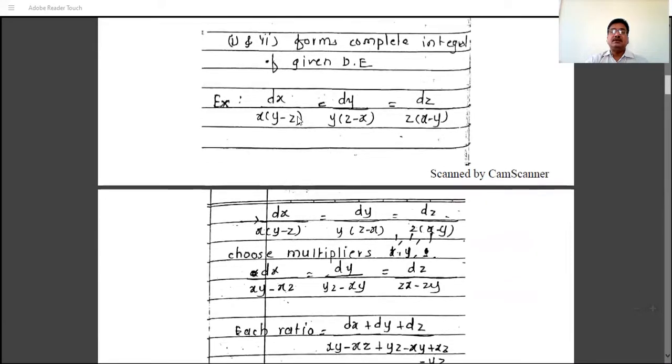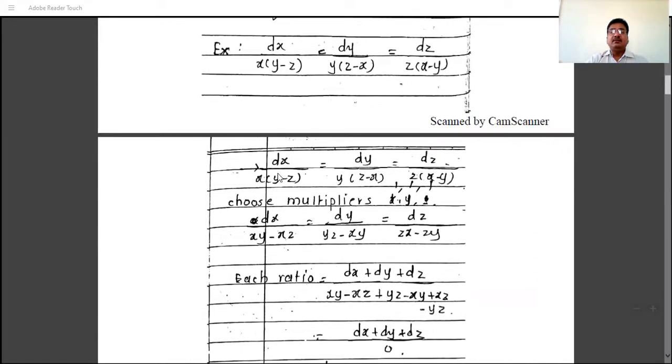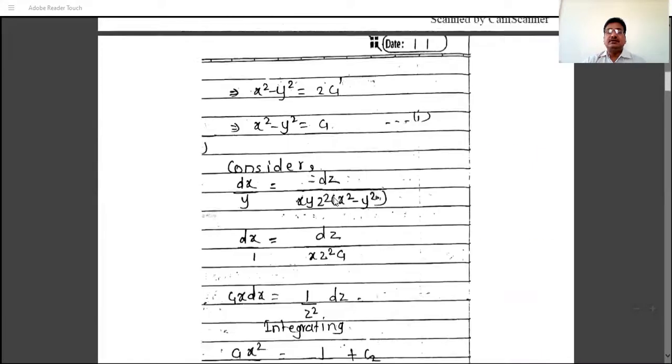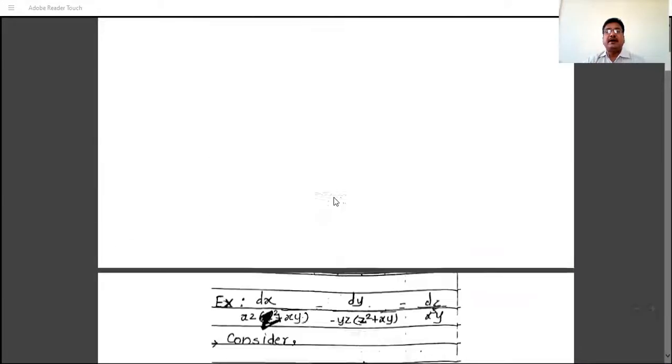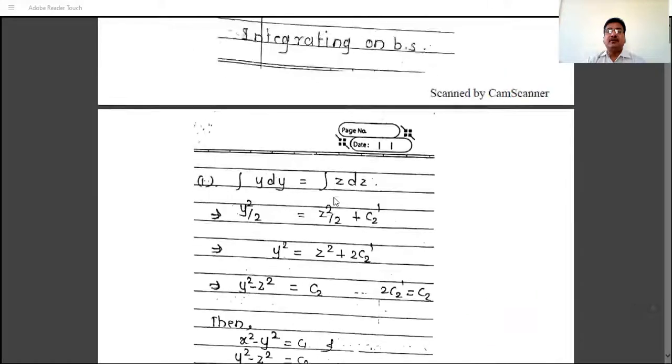The next example is dx divided by x(y minus z), dy divided by y(z minus x), dz divided by z(x minus y). And now here the second method is applicable. So what is the second method to solve a differential equation of the type dx by P, dy by Q, dz by R?